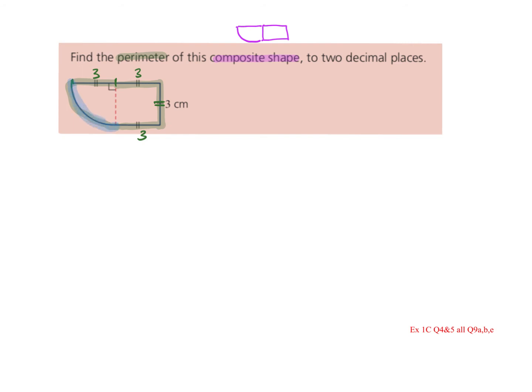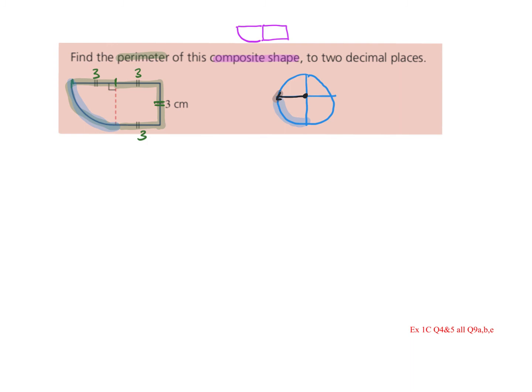Now if I drew a circle and I split it like this, would you agree that that bit looks like a quarter of the circle? Yeah? And would you agree that this from here to here is the radius?